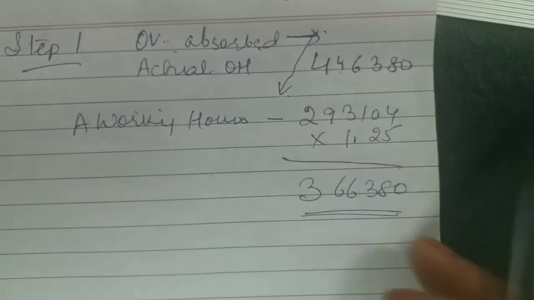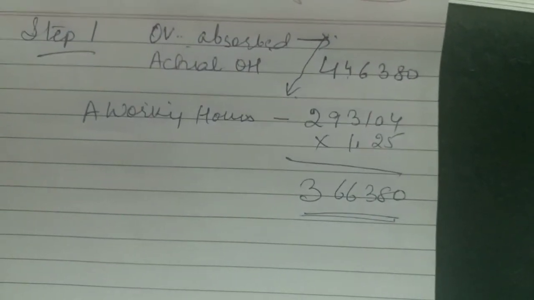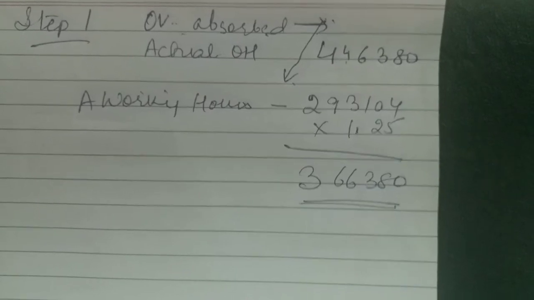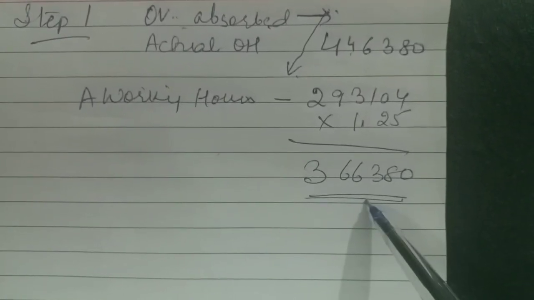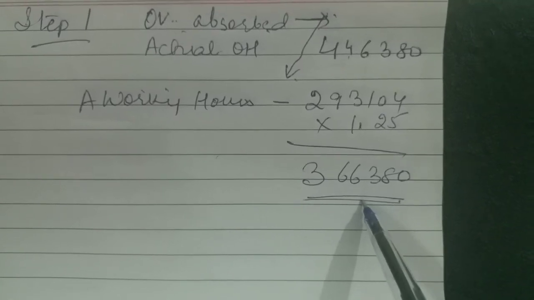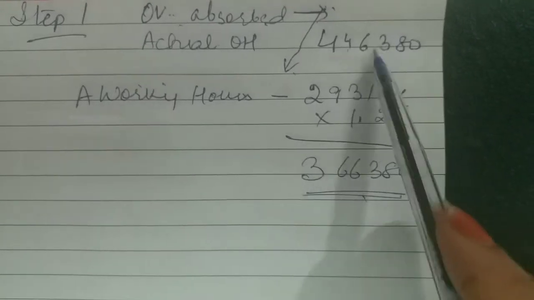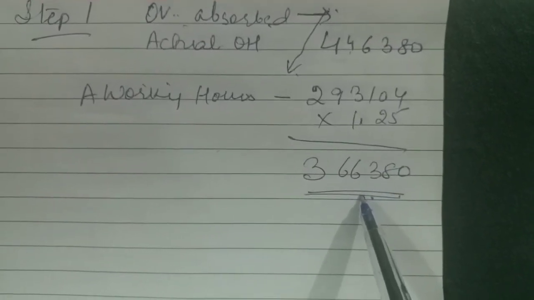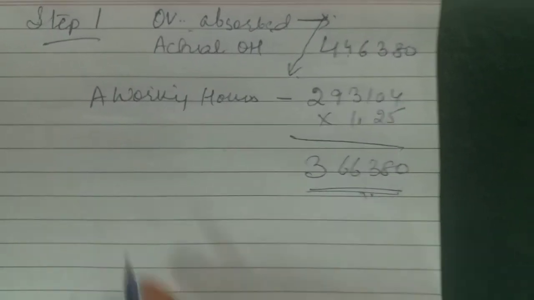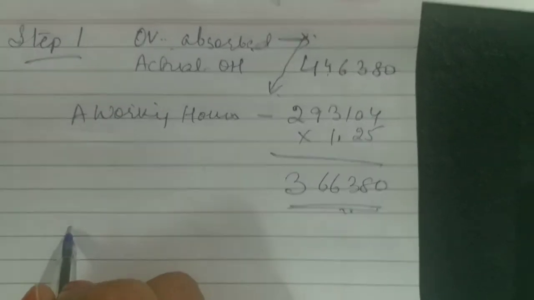Now just see, actual is less or actual is more? Actual is more and the absorbed overheads are less. So it is a sign of what? When actual is more and absorbed are less, then it is under absorption of overheads. So what are we going to do?